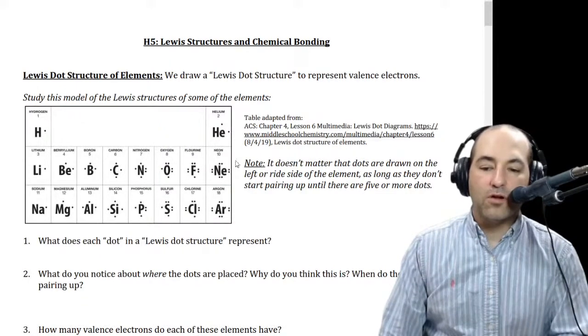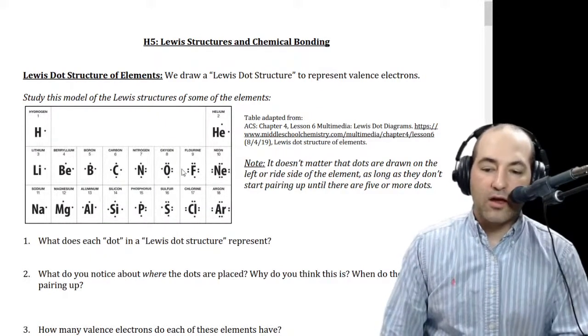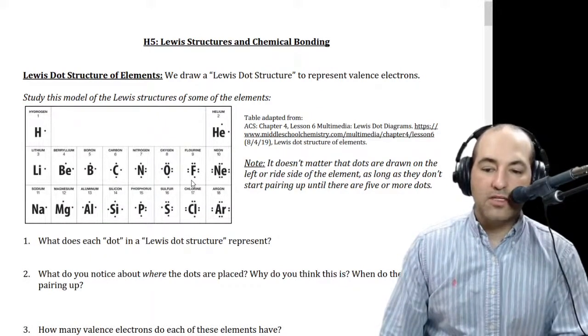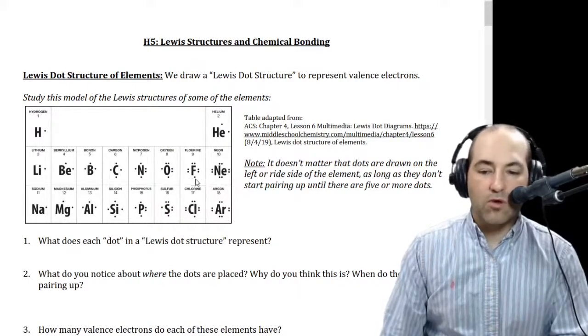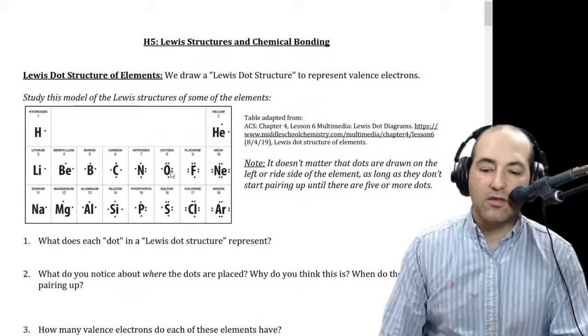So a full valence shell would be 8 electrons for everything except helium. And so we can see, like, oh, fluorine here, it's clearly missing 1. We have 7 valence electrons. It really kind of wants 1 more. Oxygen, we can see it's missing 2 pairs. Nitrogen, it's missing 3 pairs.